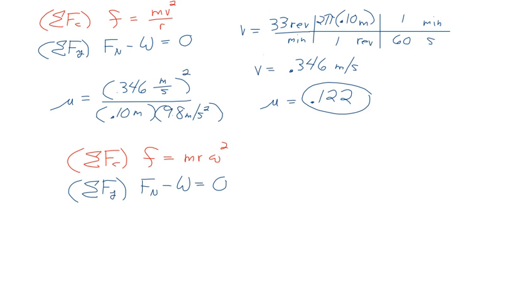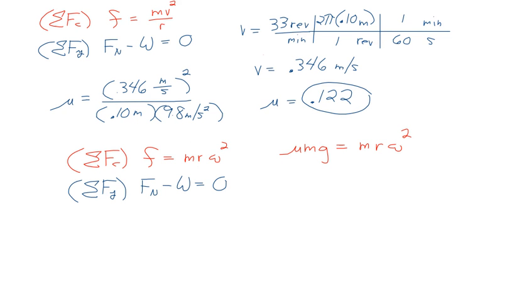So my equation is going to be mu mg equals mr omega squared. Everyone follow that? So this is mu Fn, and that's friction. All I did was replace friction with mu mg. I kept this side the same.